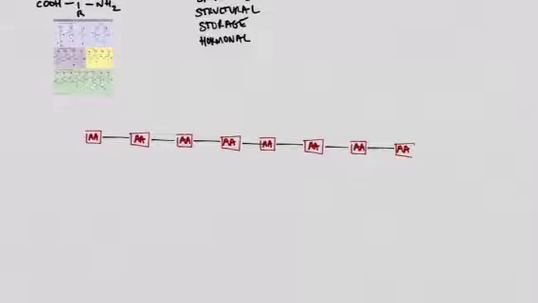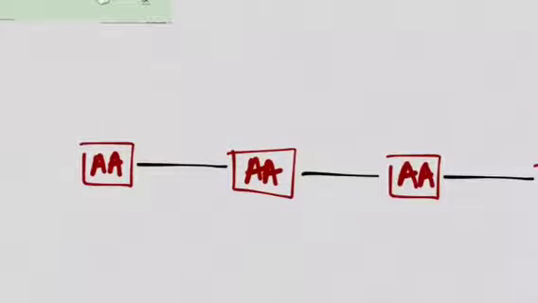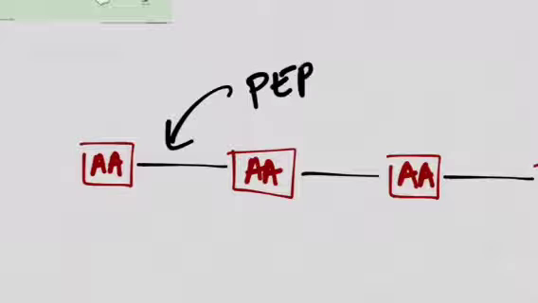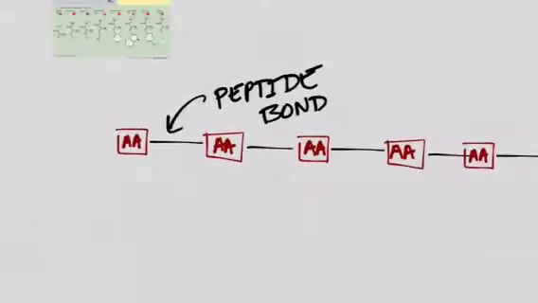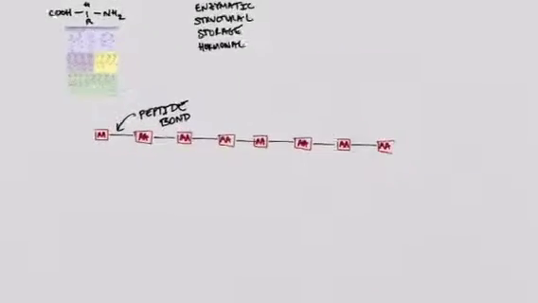Okay, so here we have a long chain of amino acids, but you should know additionally that each bond between amino acids is called a peptide bond. It's a covalent bond, but we give it this special name, peptide bond.